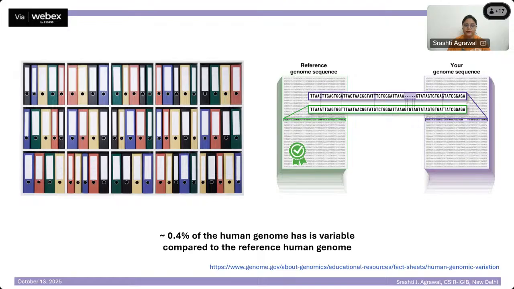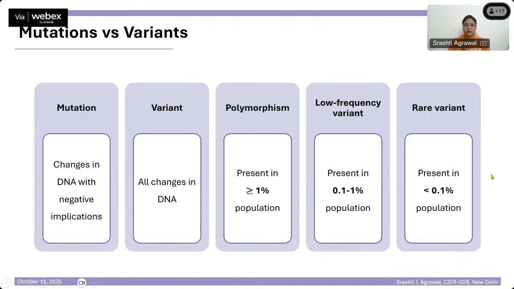Now, approximately 0.4% of the human genome is variable to the reference genome, and 99.6% of our genomes are quite the same. So, these variations occur due to mutations. And what is the basic difference between mutations and variations?